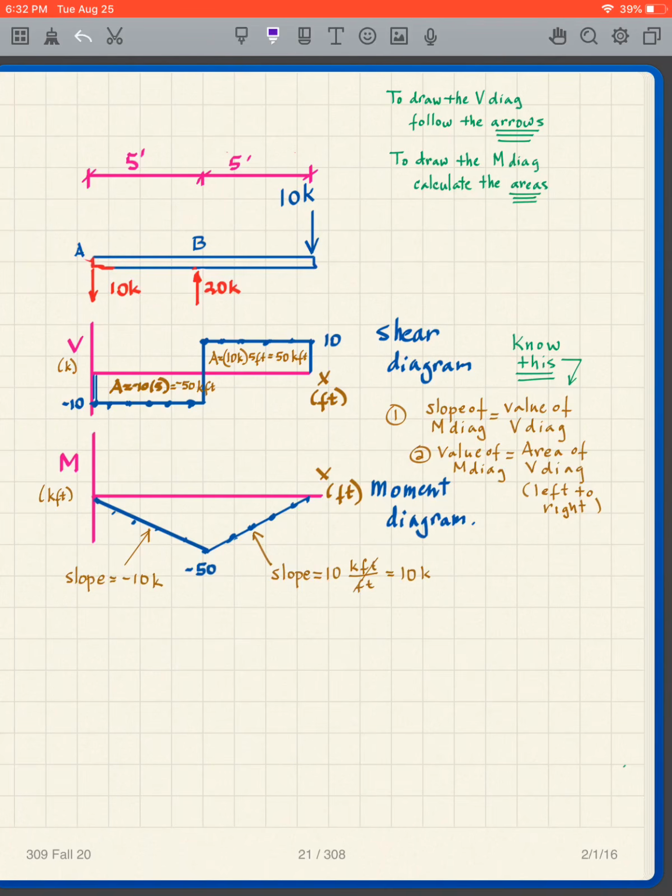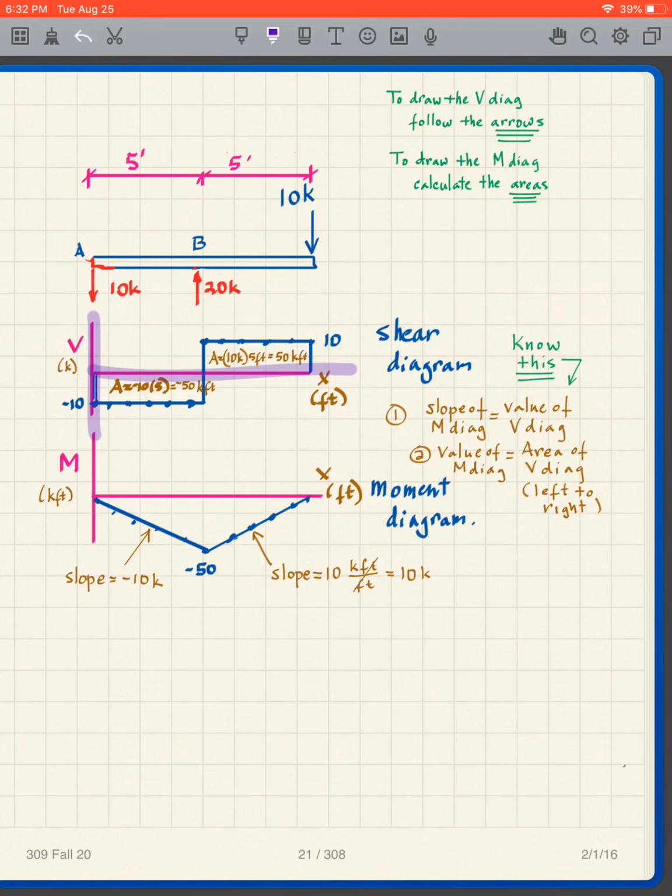I always line everything up vertically. So I draw two graphs underneath here. Graph number 1, and like I say, this all lines up, is the shear diagram. So I plot V, the shear. And graph number 2 is the moment.